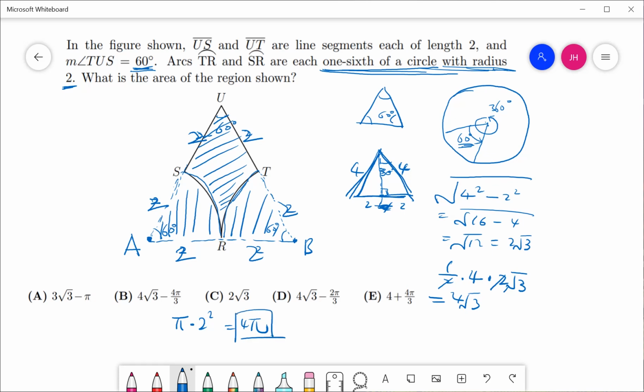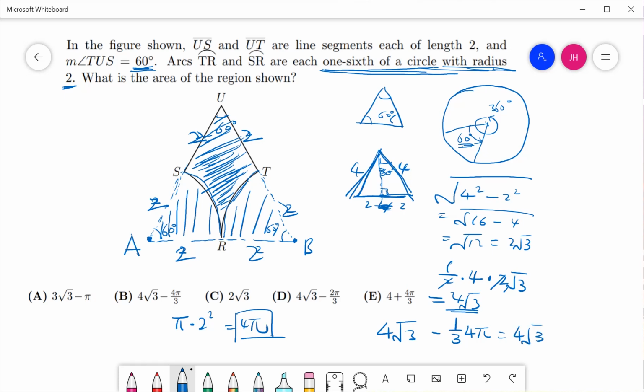All right, so the area of this question area will be the area of this triangle minus 1/3 of the area of a full circle. So that's 4 pi. Actually, nothing to collect.